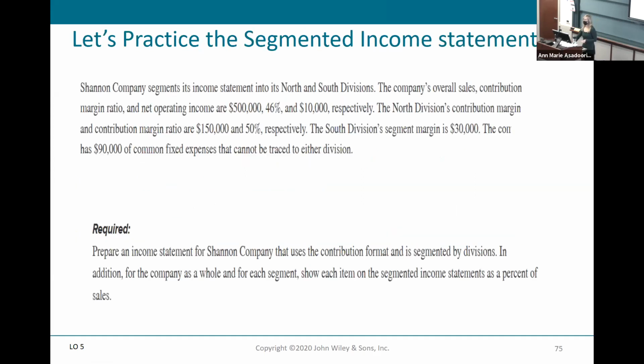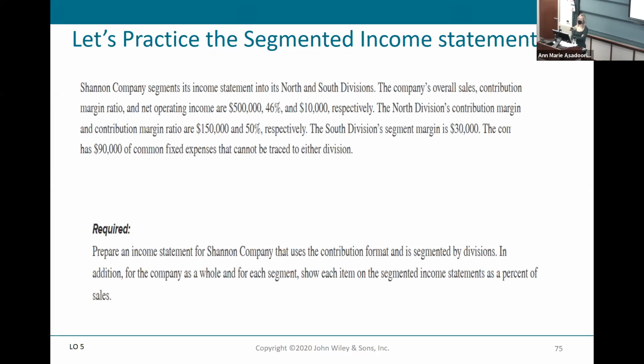Okay, so I put this problem in here to just kind of give you a little practice with segmented income statements. Here it says, Shannon Company segments its income statement into its North and South divisions. The company's overall sales, contribution margin ratio, and net operating income are $500,000, 46%, and $10,000 respectively.